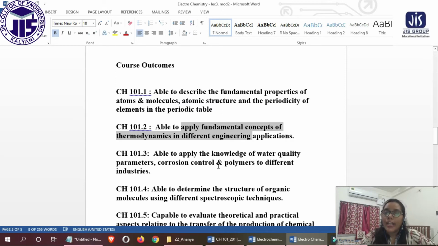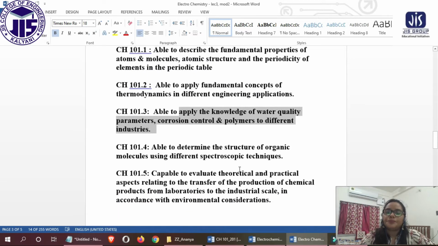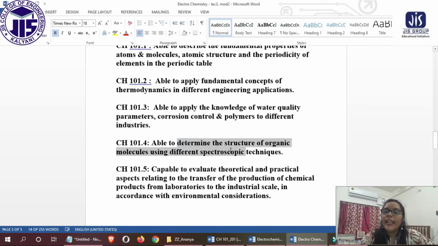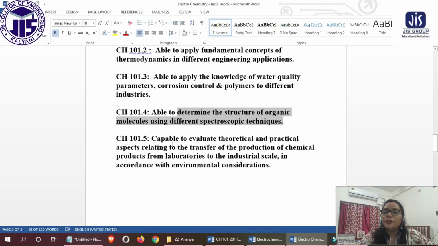Now, you can apply the knowledge of the water quality parameters, the corrosion control and the polymers to different industries, and also you can determine the structure of organic molecules using different spectroscopic techniques, and you will be capable to evaluate theoretical and practical aspects relating to the transfer of the production of chemical products from lab to the industrial scale in accordance with environmental considerations.